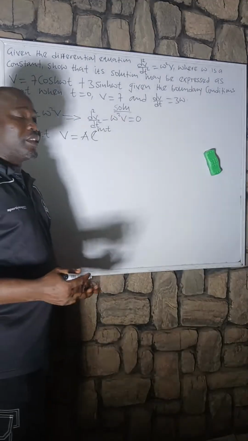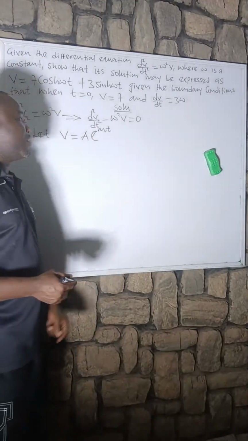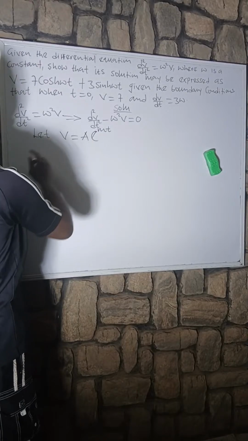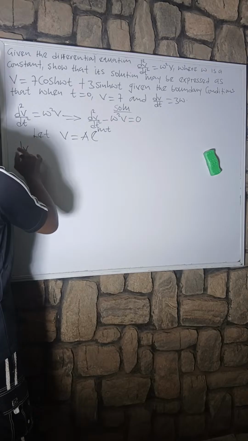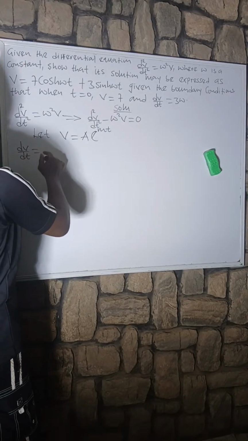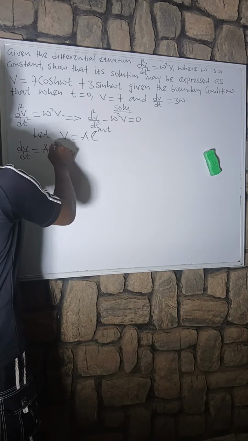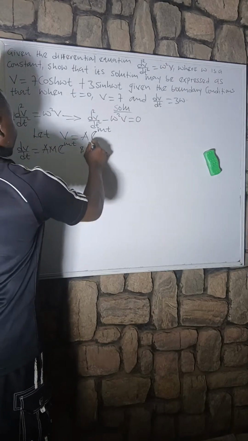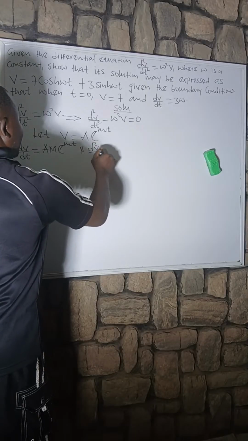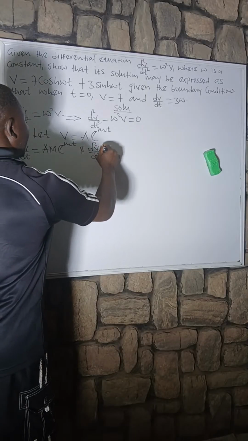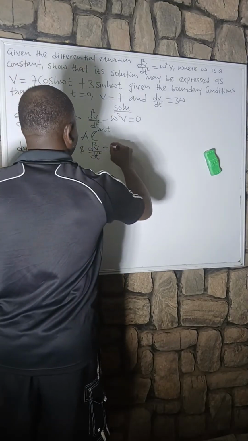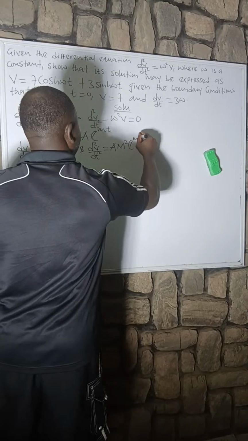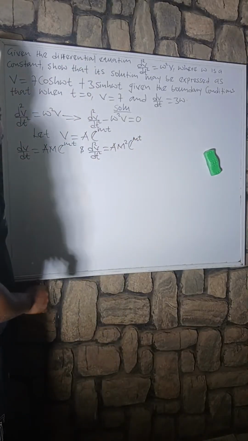So we have to differentiate this function twice. So our dv all over dt is equals to am exponential mt, and d square v all over dt square is equals to am square exponential mt, right? Do you agree with me?